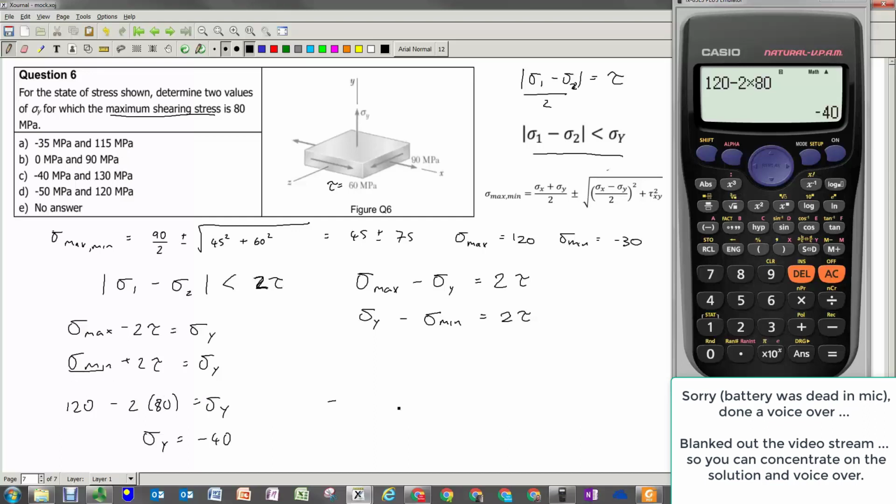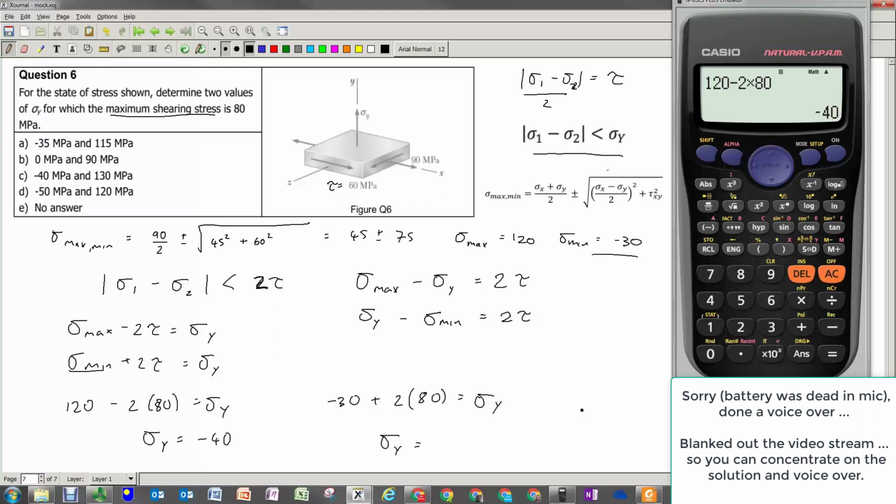Now let's look at the other stress term. So here we've got minus 30 going in, plus 2 times 80.